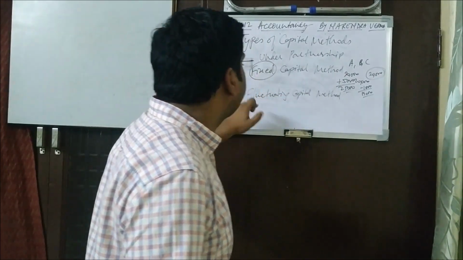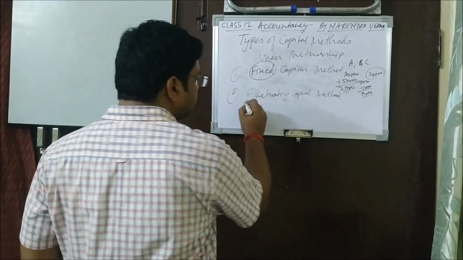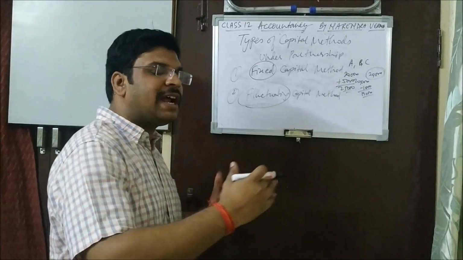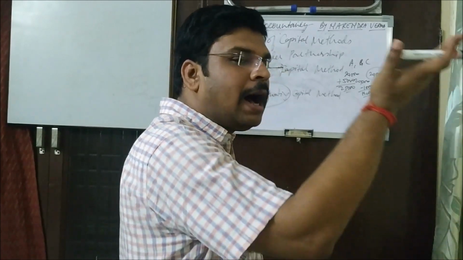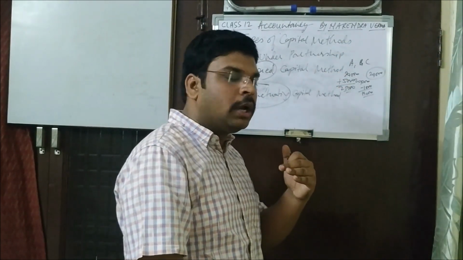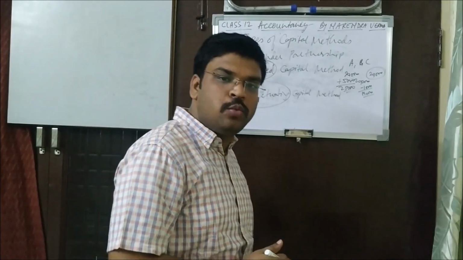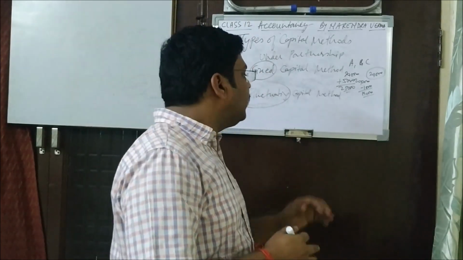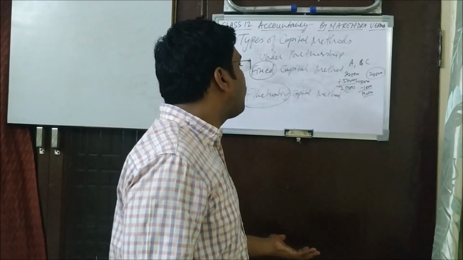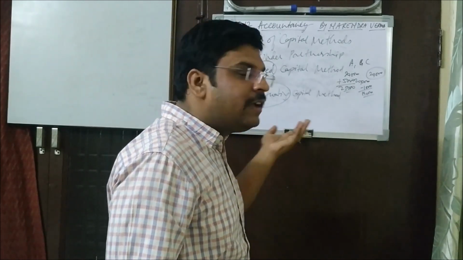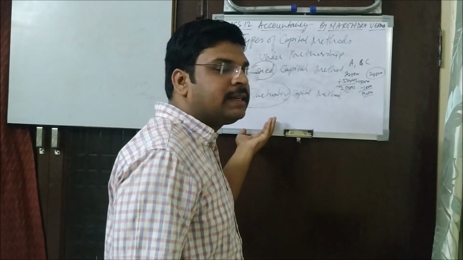Now, fluctuating capital method. Fluctuating means that it keeps on changing, sometimes up, sometimes down. Understood? It keeps on changing because all the adjustments related to partnership business are made here. If the partners are getting interest on capital, it will be directly added here. If the partners are getting salaries, it will be directly added here.